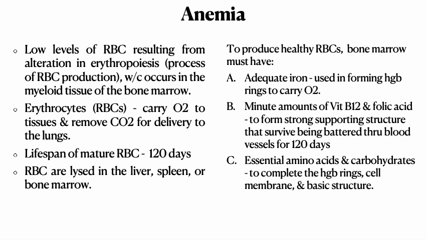To produce healthy RBCs, bone marrow must have adequate iron, which will be used in forming hemoglobin rings to carry oxygen, minute amounts of vitamin B12 and folic acid to form a strong supporting structure that survives being battered through blood vessels for 120 days, and essential amino acids and carbohydrates to complete the hemoglobin rings, cell membrane, and basic structure.